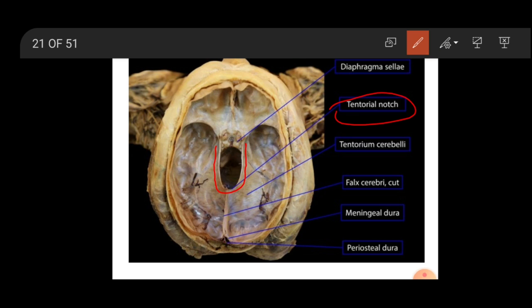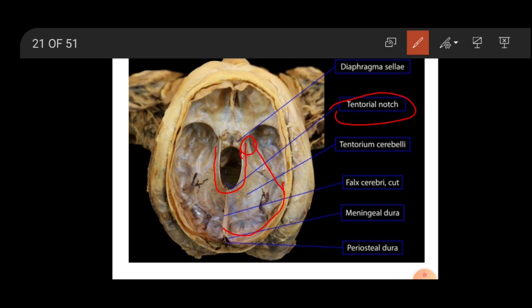So we will see the attachment of this tentorium cerebelli. It is attached peripherally to this. We saw the posterior clinoid process there. So it is attached to the posterior clinoid process, the superior margin of the petrous temporal bone, and the internal surface of the occipital bone.